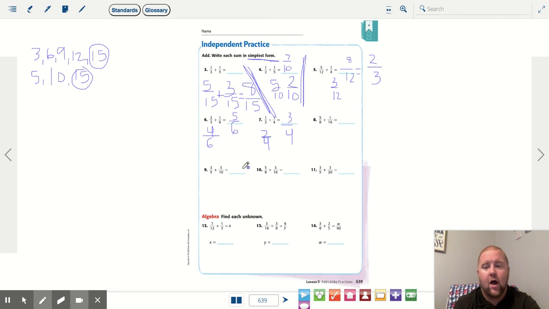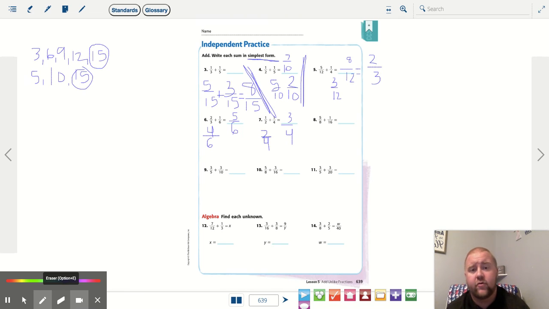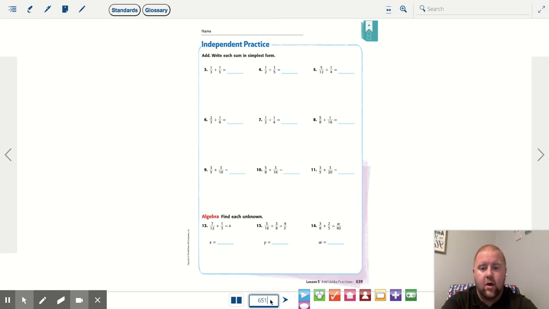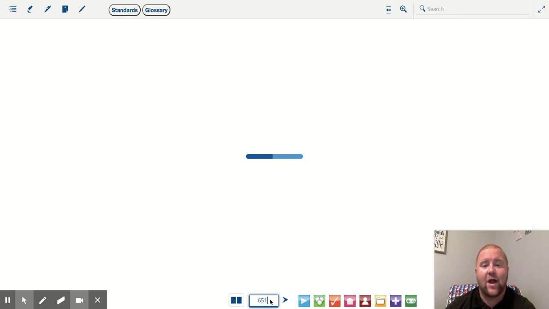Okay, so I'm going to stop the adding here. You can continue to do these and check them out on your own. I'm going to erase this page, and I'm going to jump forward to a new page for subtraction.